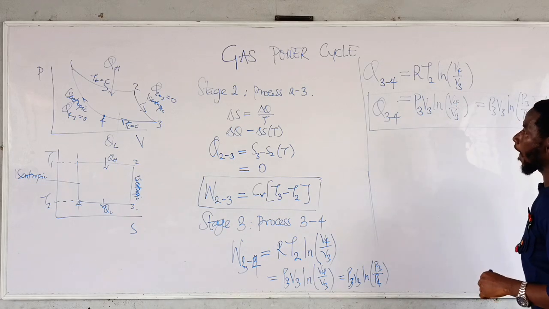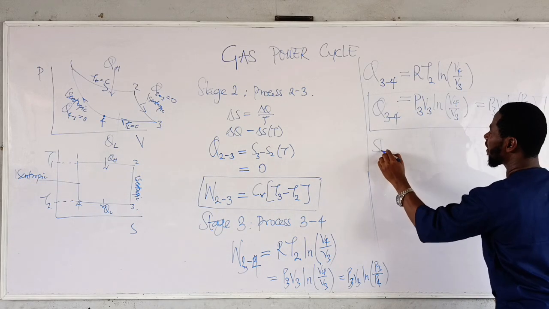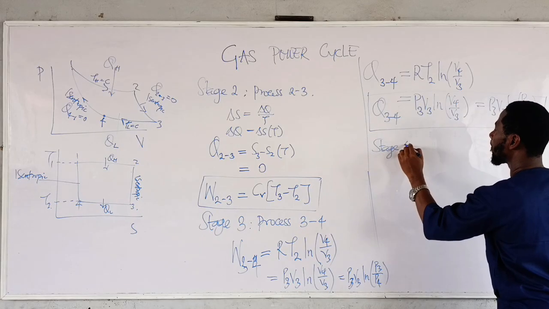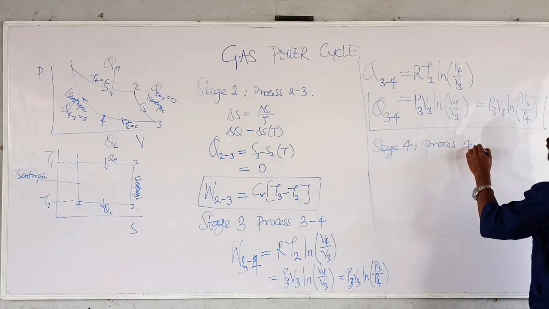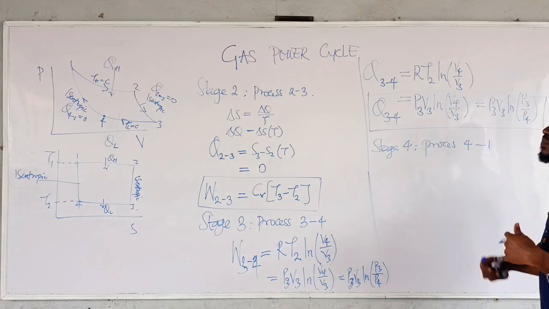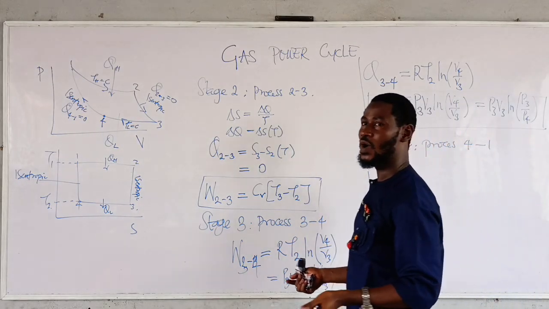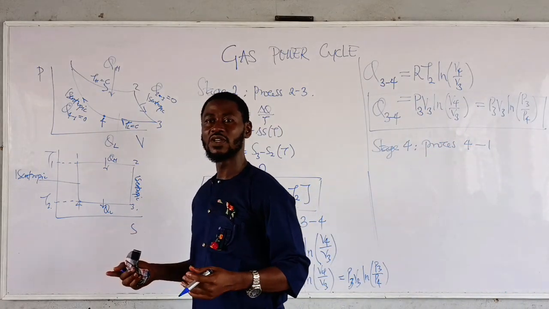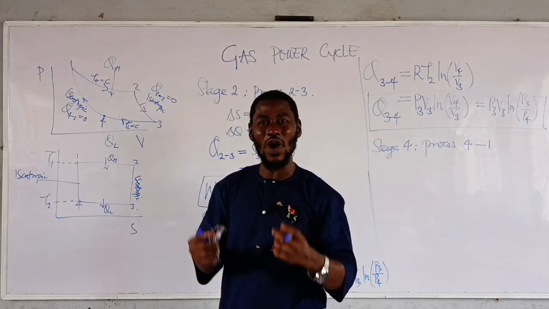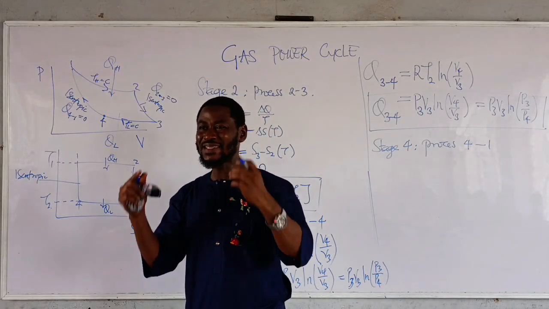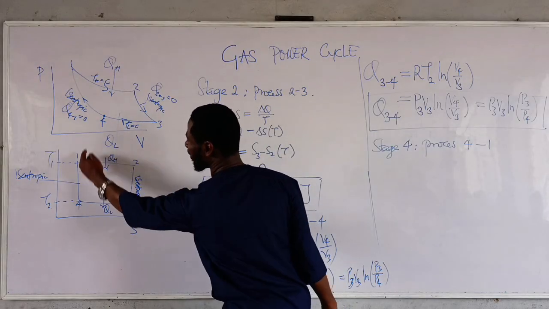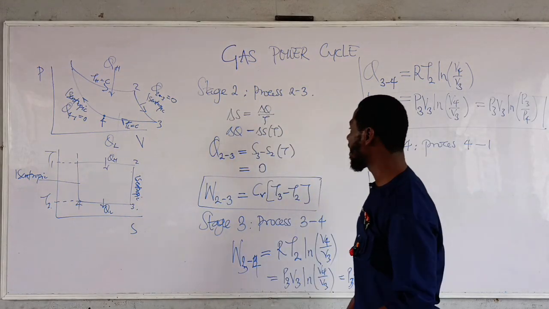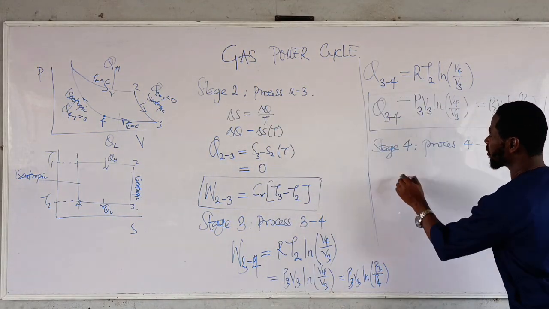Now, for stage 4, that is the final stage, which is process 4 to 1. What happened at this stage for Q? It is referred to as an isentropic compression process. S1 is the same thing as S4. So we follow the same procedure.